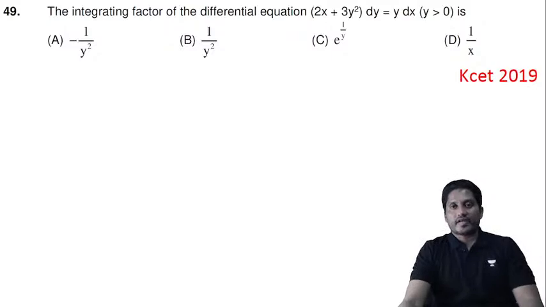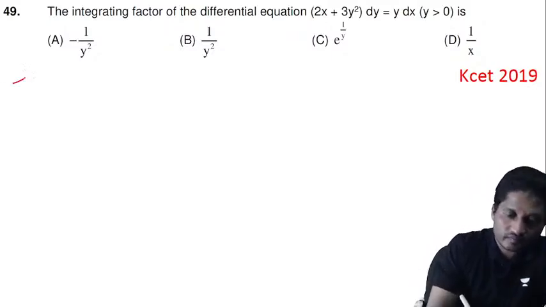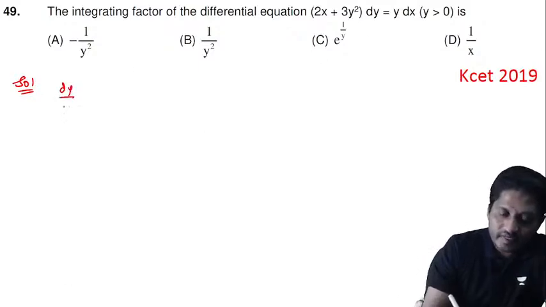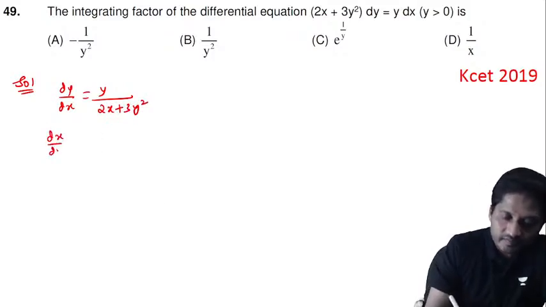Alright, now the integrating factor of this equation. This can be written as dy by dx is equal to y divided by 2x plus 3y square. This is not going to help you out. I can write dx by dy is equal to 2x plus 3y square whole divided by y.